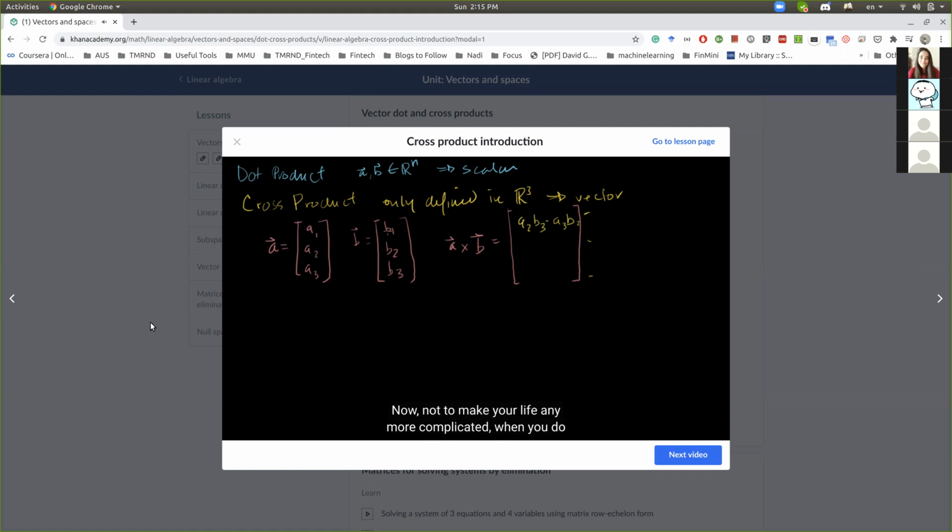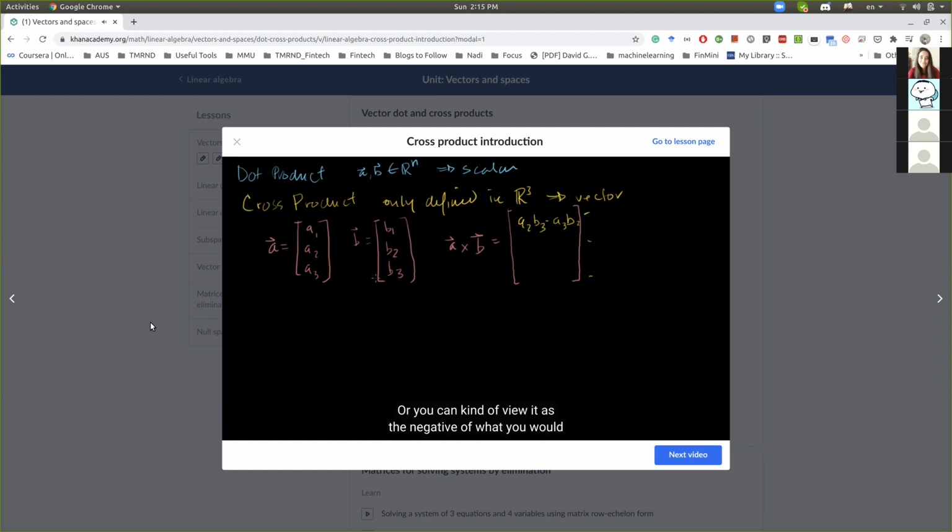Now, not to make your life any more complicated, when you do the middle row, you cross that out, and you might want to do A1 times B3 minus A3 times B1. That would be natural because that's what we did up there. But for the middle row, you do the opposite. You do A3 times B1 minus A1 times B3.